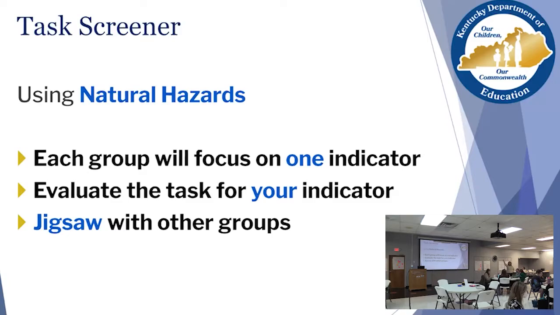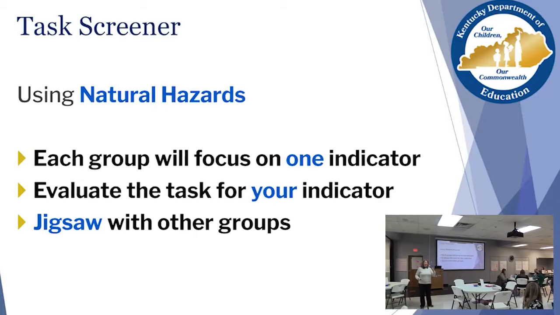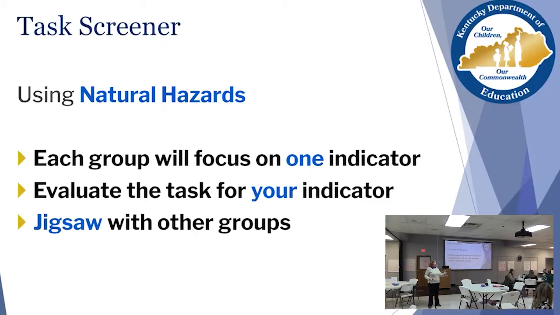You should have the screener, natural hazards task, and natural hazards rubric. The instructions that I have up here are what I would do in a workshop like what I did at NSTA, where we'd look at all 4 criteria, and at a table, one person would take like A, 1B, 1C, 1D, and then you would jigsaw and talk to one another.